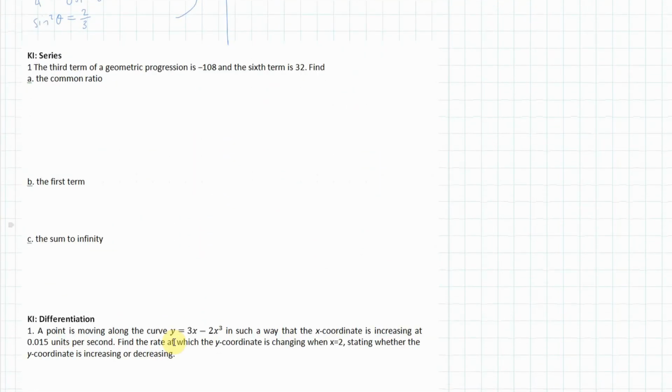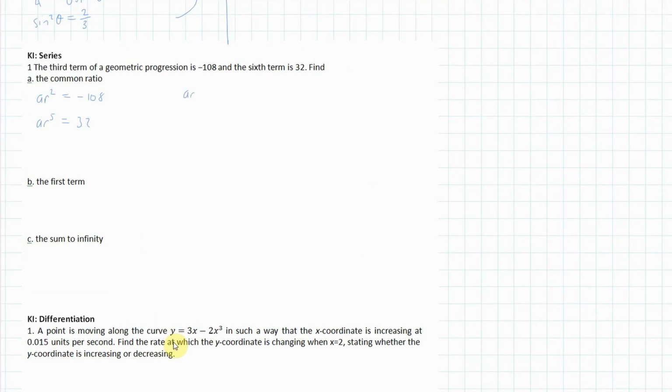The third term of a geometric progression is negative 108. Okay, so that's AR squared equals negative 108. The sixth term, which would be AR to the 5, equals 32. Find the common ratio.